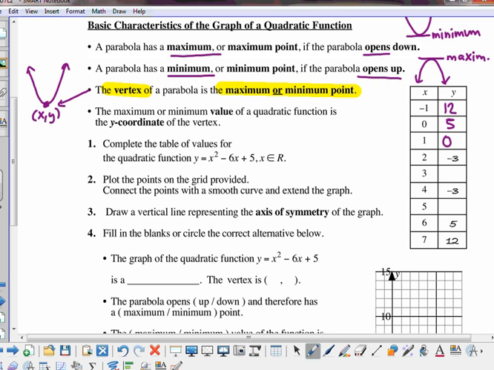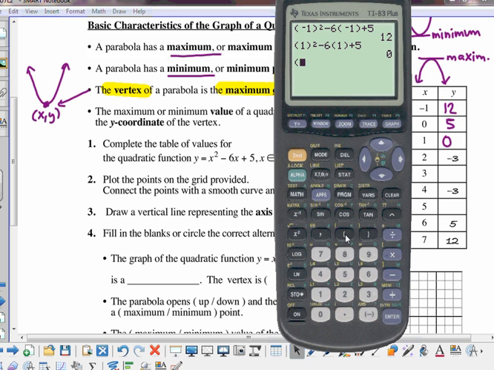Okay, 3, do 3. 3 squared. Okay, you should finish this off. So finish off the rest of the table.